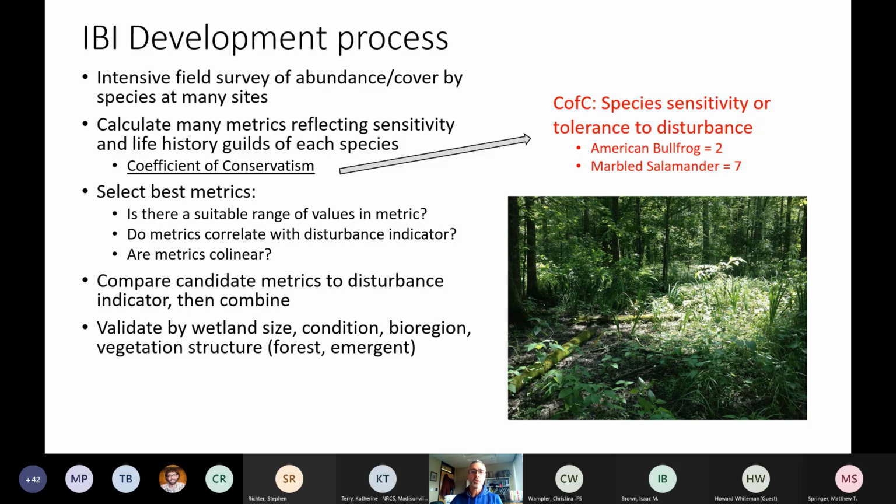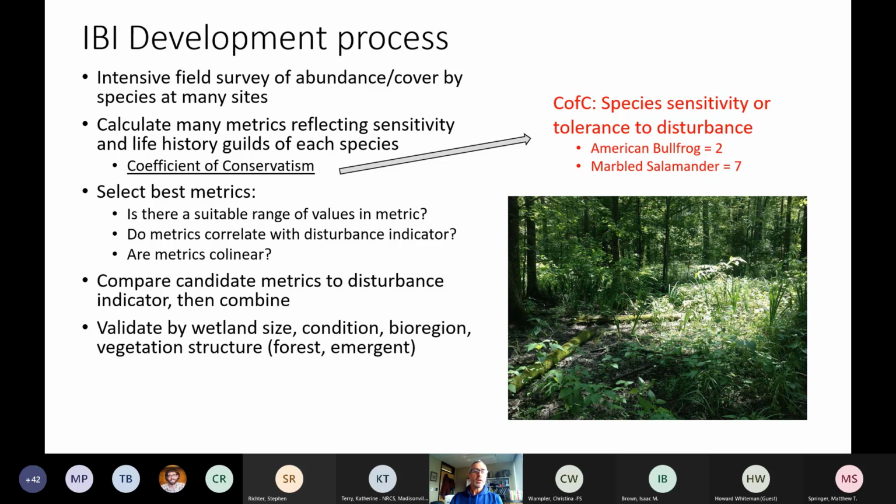And so as an example, an American bullfrog has a C of C value of 2, and a marbled salamander is much more sensitive to disturbance and has a C of C value of 7. So lots of the metrics that we calculate are based on life history guilds and their sensitivity or tolerance.